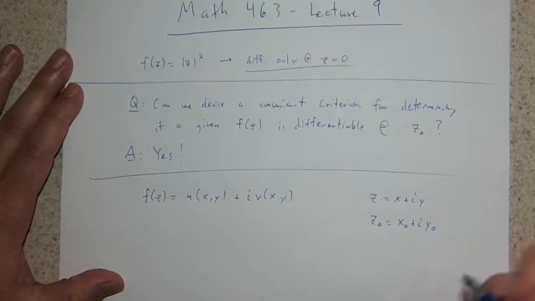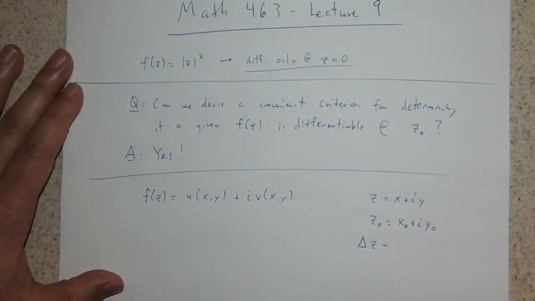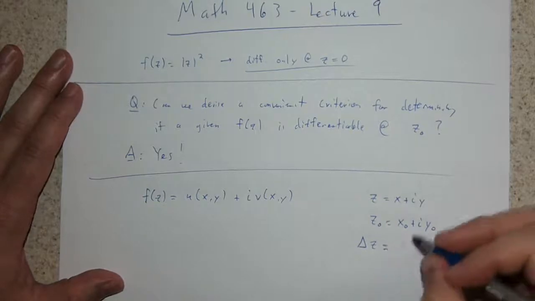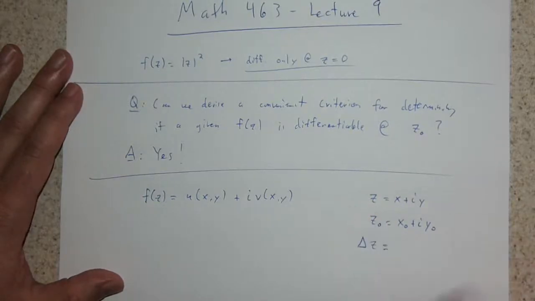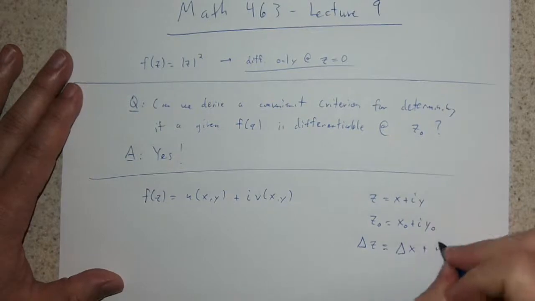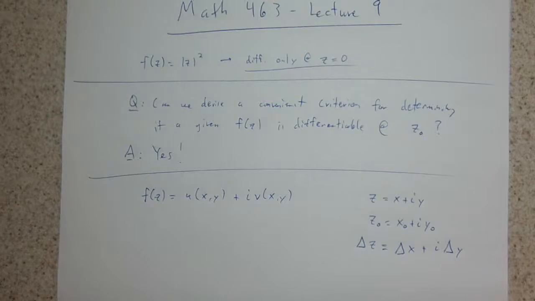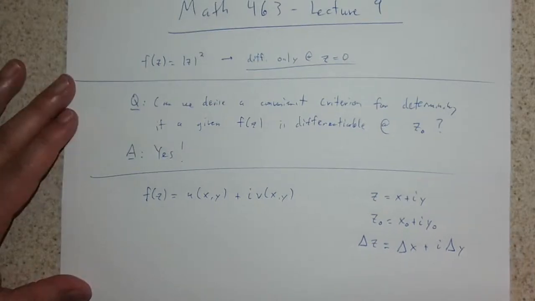When we say delta z, another way of thinking about delta z would be as delta x plus i delta y. Where this delta z is actually the same delta z that showed up yesterday. So remember, delta z is z minus z naught.